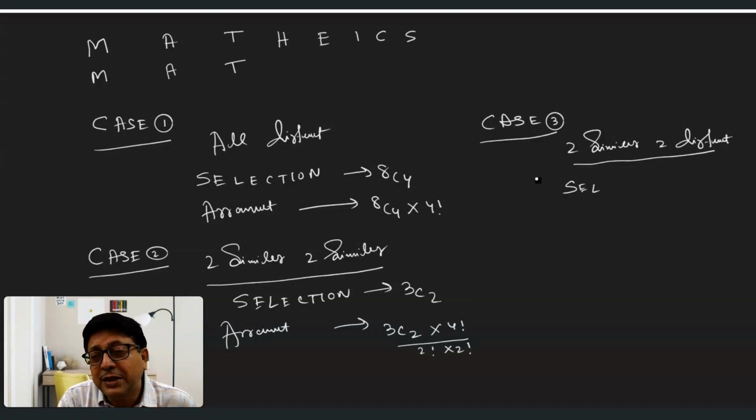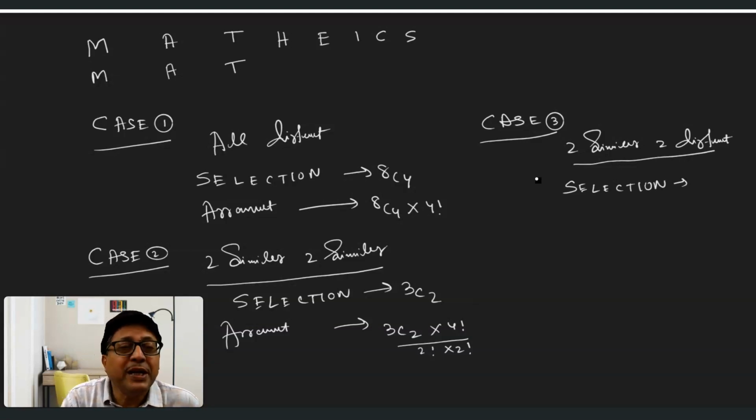So selection if you do, it is going to be two similar, two different, no? So you select out of three pairs one, and out of how many different are there now? Suppose you have selected two M's, then how many different are there? 1, 2, 3, 4, 5, 6, 7. Okay. Out of these 7, you will be selecting 2.